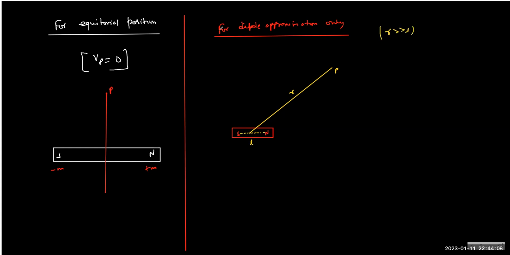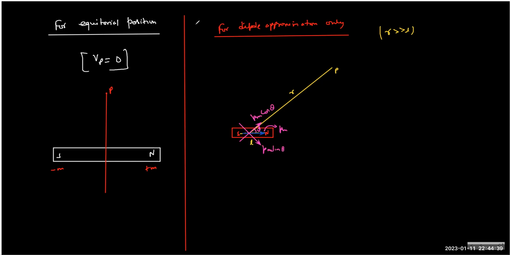So it will have two components, as you remember. The dipole moment vector is like this. We can resolve this into two parts, one along this line, another like this. If this is PM, the blue one, and this is theta, this will be PM cos theta. This is PM sin theta.